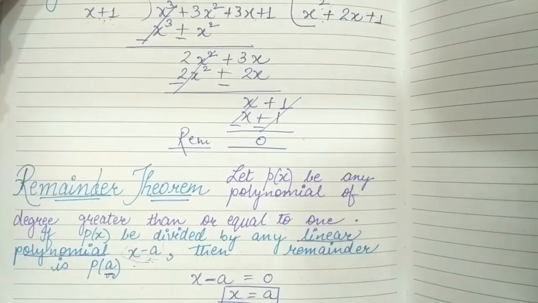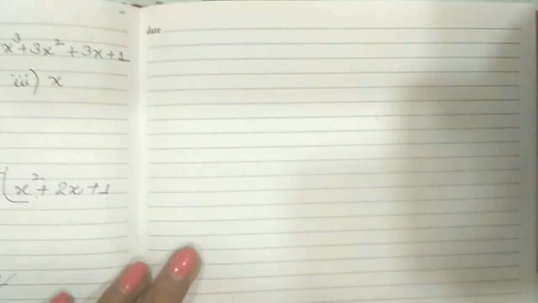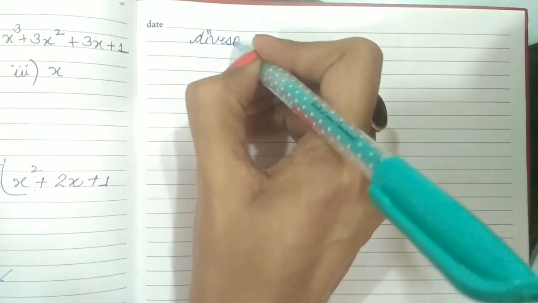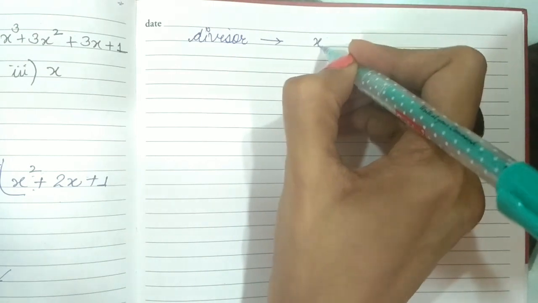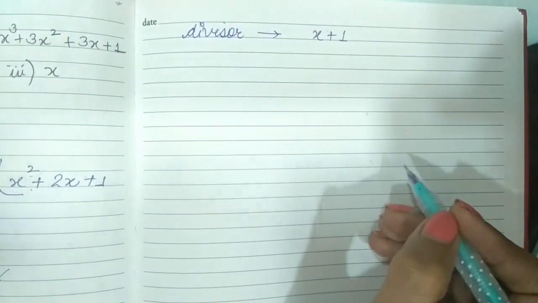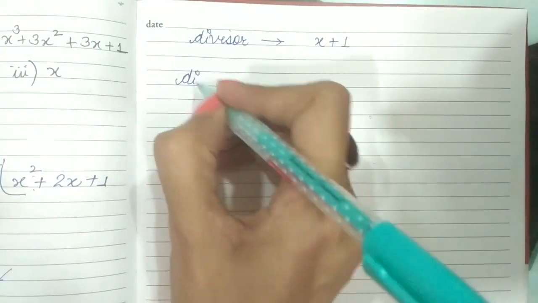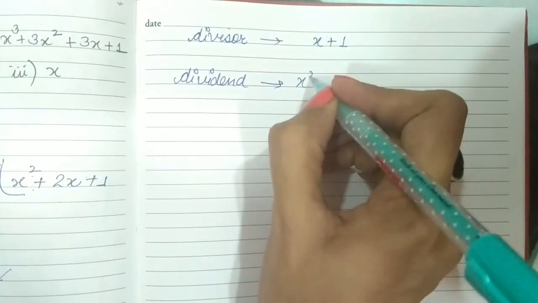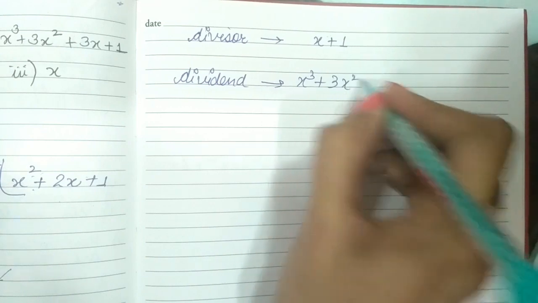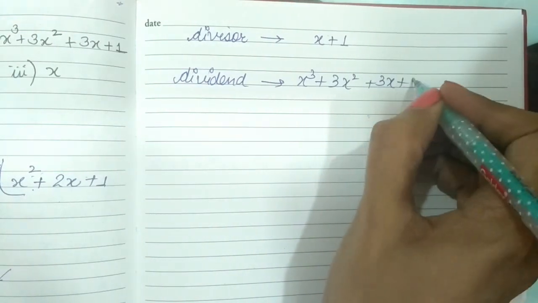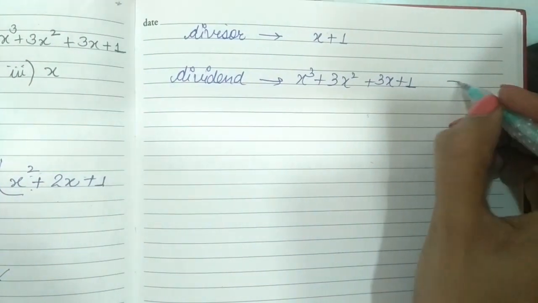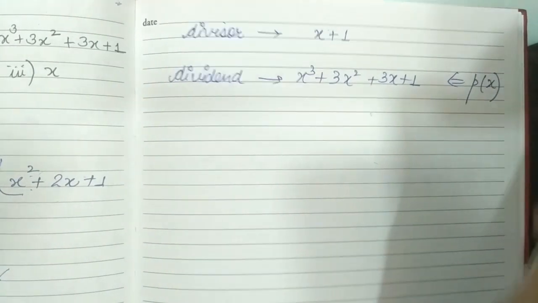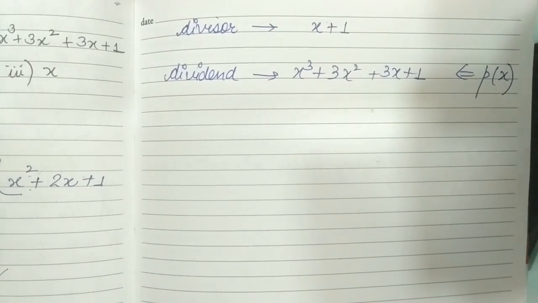For example, in this case, our divisor was x plus 1 and our dividend is x cube plus 3x square plus 3x plus 1. This is our p(x), any polynomial with degree greater than or equal to 1.